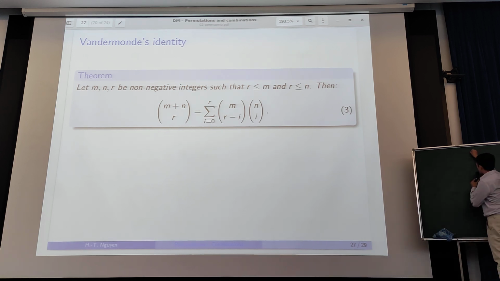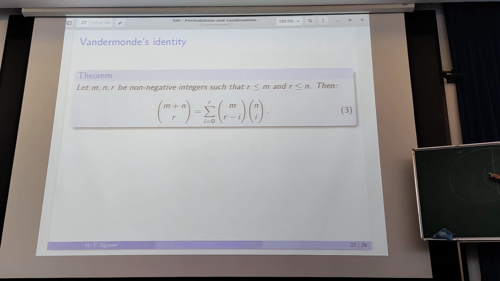So here you have a big set of size m plus n, that you can suppose has a left part with m elements and a right part with n elements. You want to choose a subset of size r from this set. Any subset of size r you can decompose into two parts.